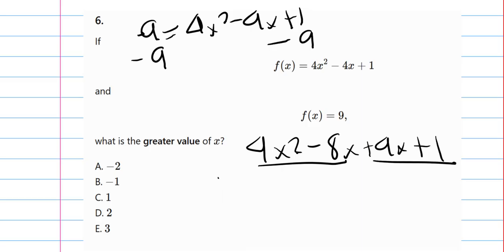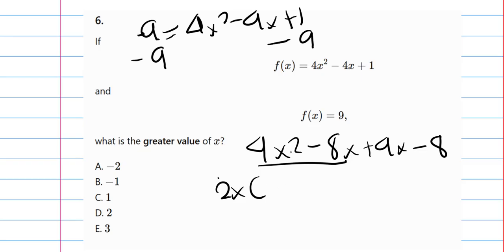So what we see here is that, oh wait, I did something wrong. The answer would be, this would be negative 8. I forgot, sorry. Negative 8.